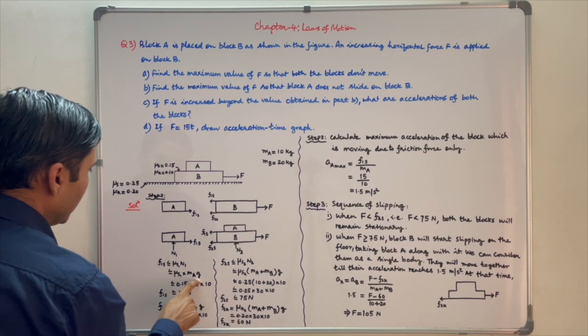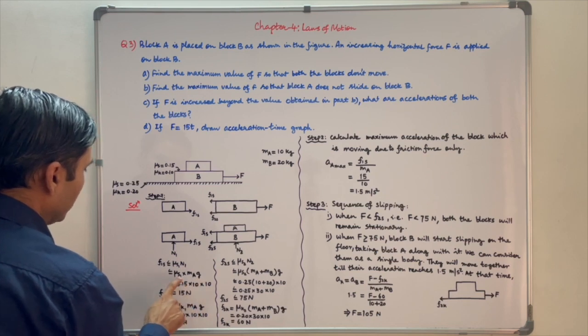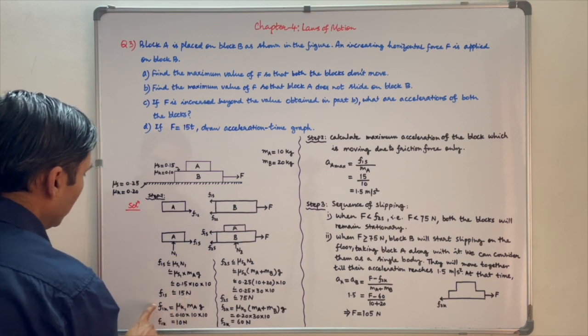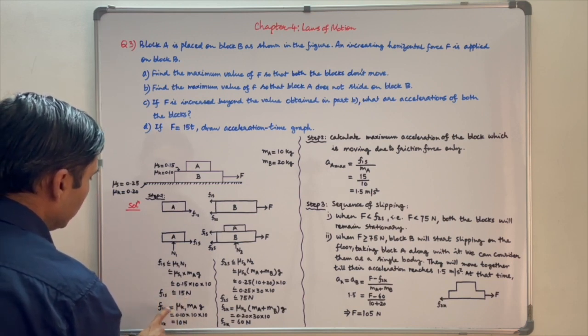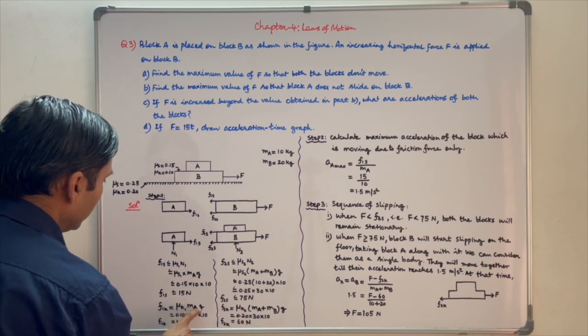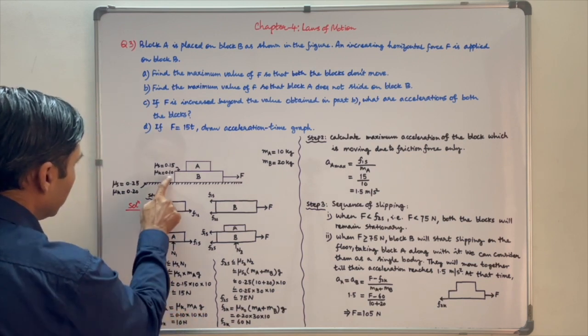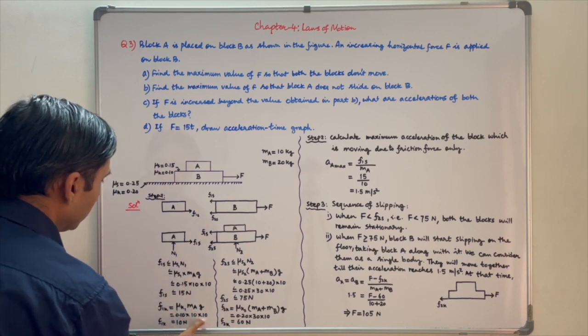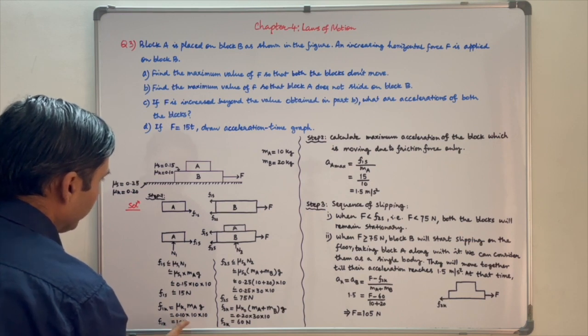We can take g as 10 meter per second square. So F1S is less than or equal to 15 Newton. Similarly, we can calculate F1K, which is kinetic friction. F1K is equal to mu K1 into Ma into g. Mu K1 is given as 0.10. Ma is 10 kg and g is 10 meter per second square. So F1K is equal to 10 Newton.